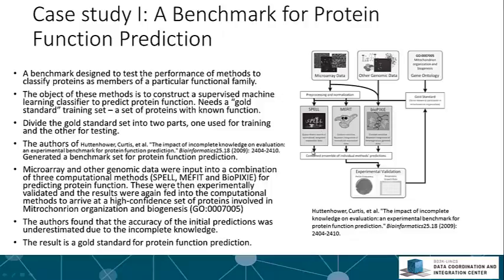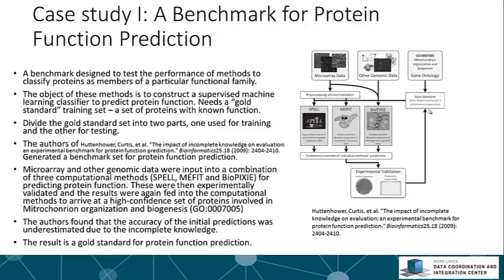The results of the predictions were then tested experimentally, and the results were used to generate a gold standard. This gold standard was then re-input into the protein function prediction algorithms in order to further improve the predictions, which were experimentally validated, and so on. So the process was iterated, and there was an iterative improvement in the resulting gold standard of protein function.